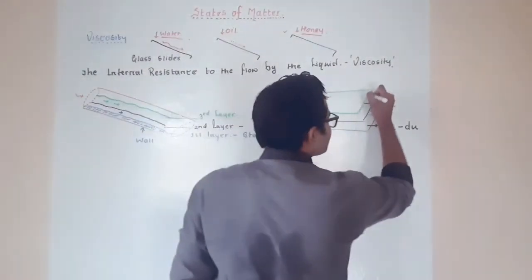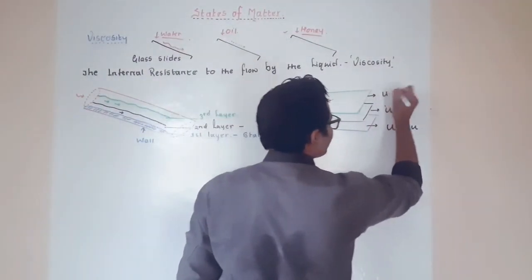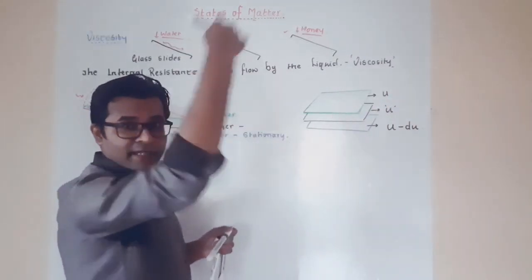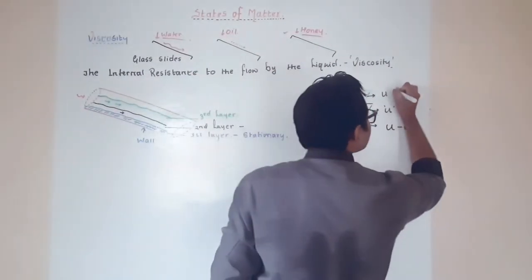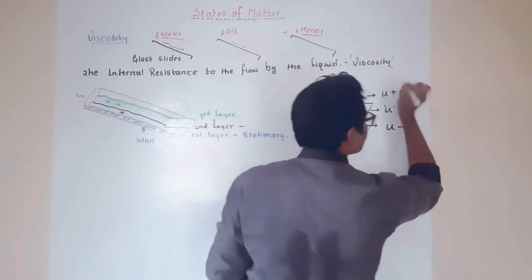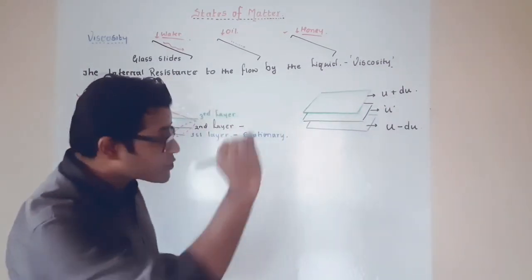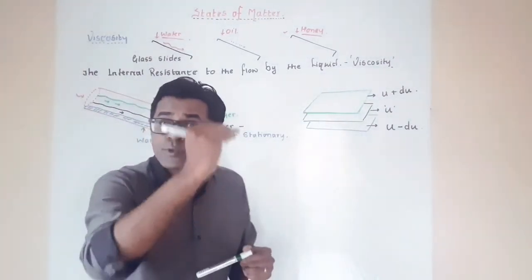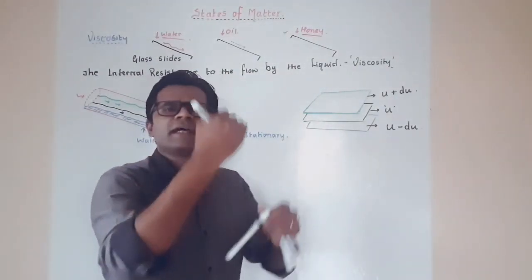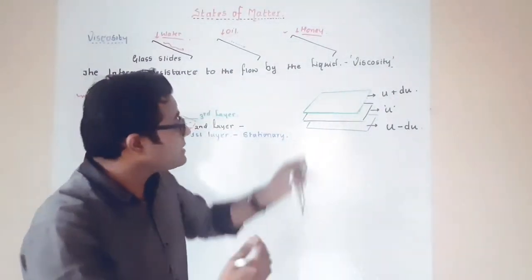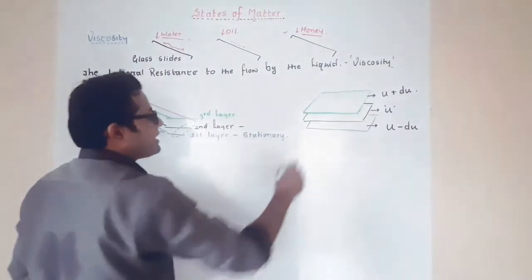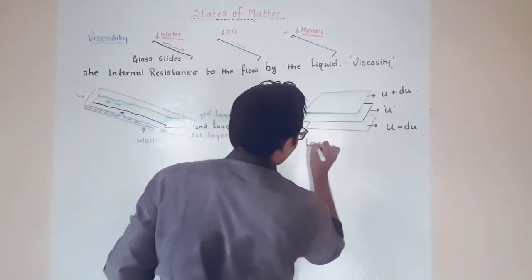Okay, let's say that this is a layer having a small amount of higher velocity than the middle one. So plus du. So this gradual decrease or gradual increase in the velocity, we call it the laminar flow.